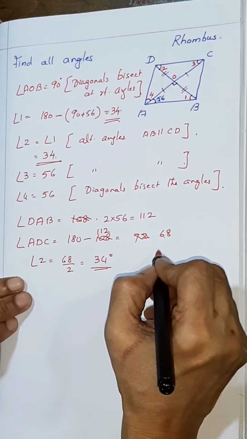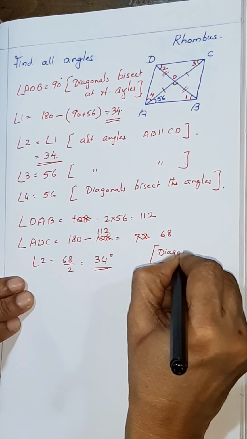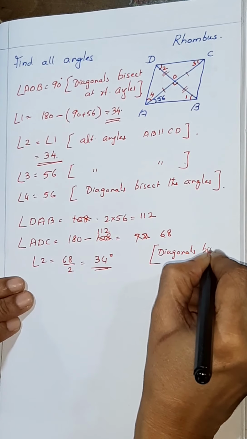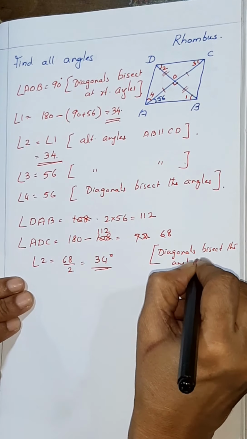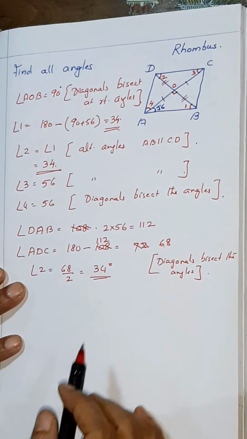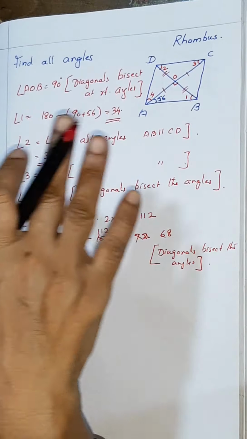So the reason we can write is, the diagonals bisect the angles. In rhombus and square, the diagonals bisect the angles. So you cannot use this property in rectangle.